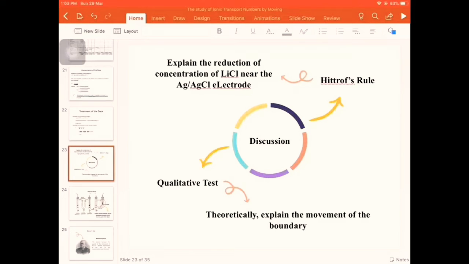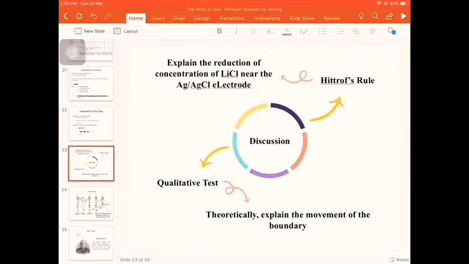There are two main points I would like to discuss here. The first one is Hittorf's rules, and the second is qualitative tests. So Hittorf's rules basically explain the reduction of the concentration of LiCl near the Ag and AgCl electrode. Across the experiment, as my supervisor said, you can see there is some sort of reduction in concentration of lithium chloride near the electrodes.